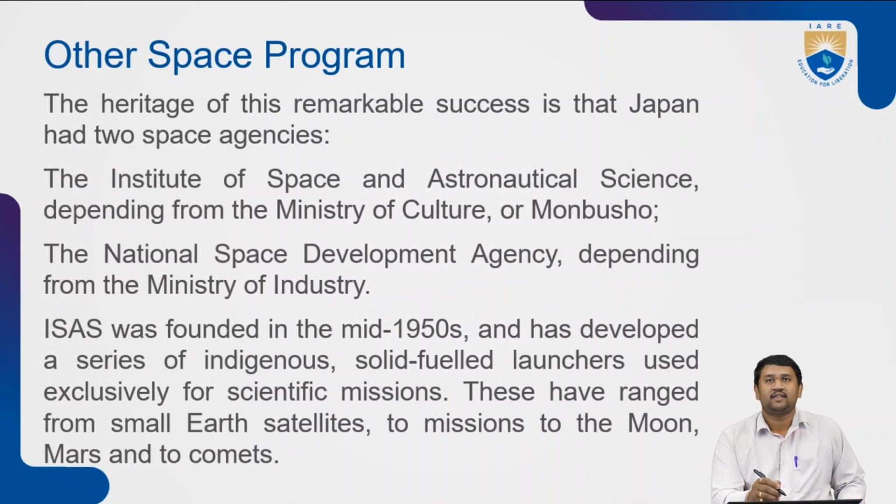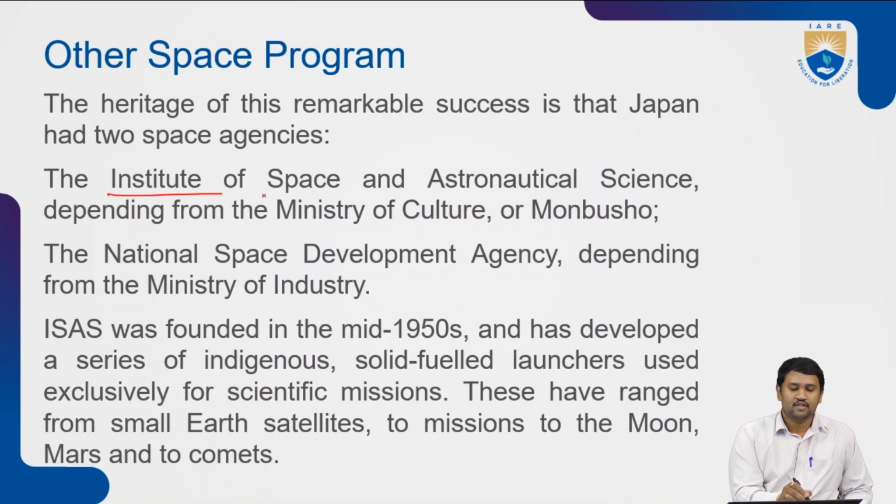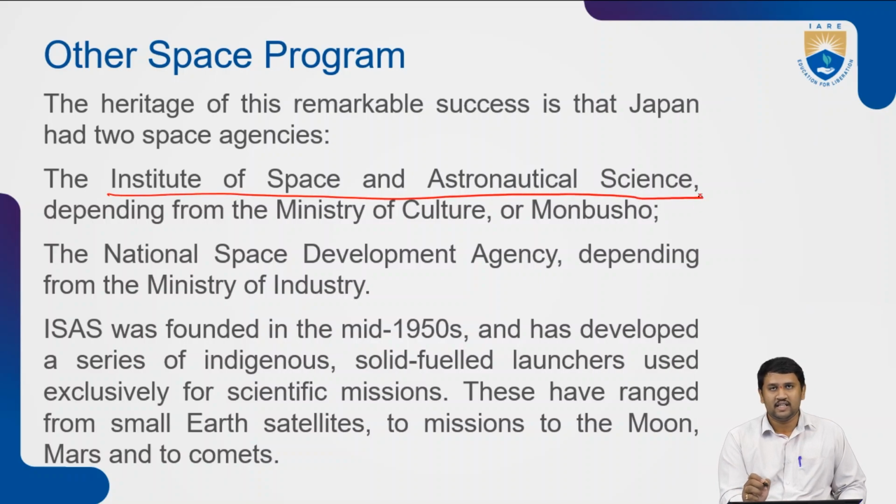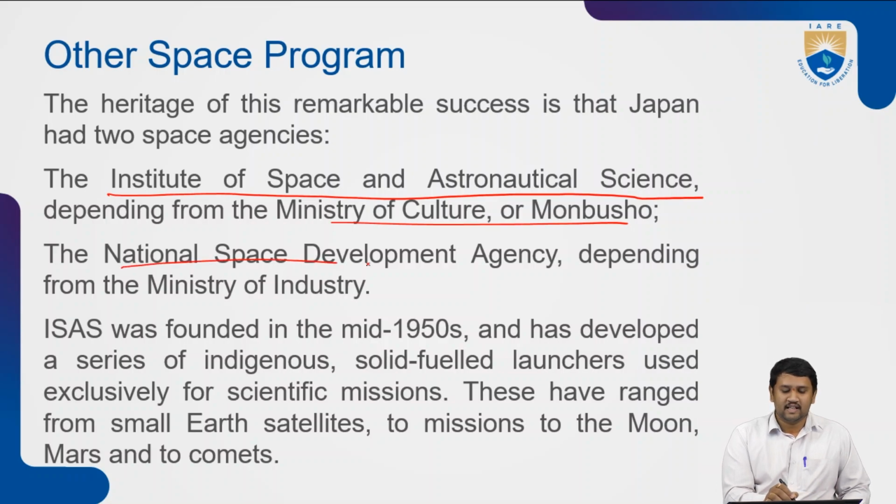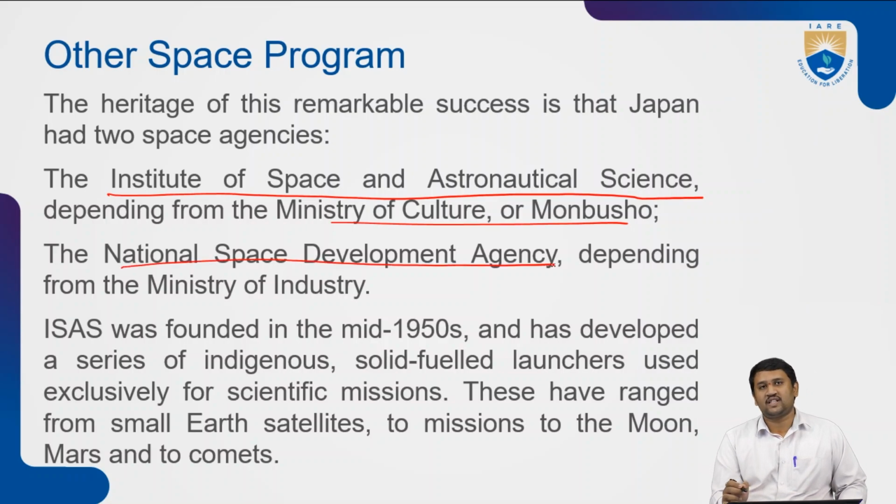As a heritage of this remarkable success, Japan has two space agencies. One, the Institute of Space and Astronautical Science, which depends on the Ministry of Education, also called Monbusho, sorry, and the National Space Development Agency, depending on the Ministry of Industry, to build the satellites.